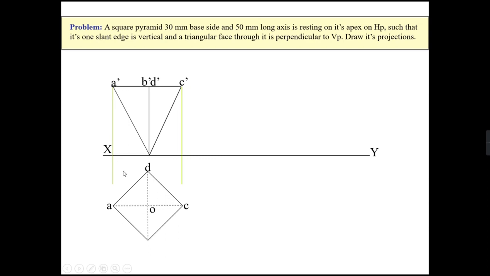If we had drawn like a square, then there will be two points, then this edge would have shown the triangular face, right? So we are drawing the square in the shape of a diamond.